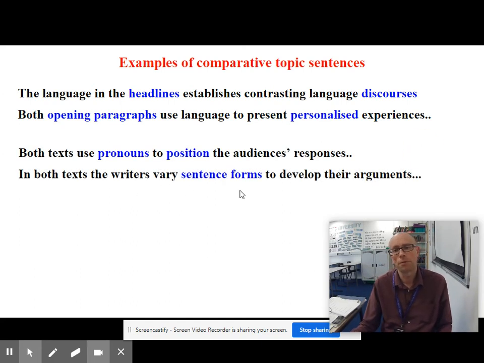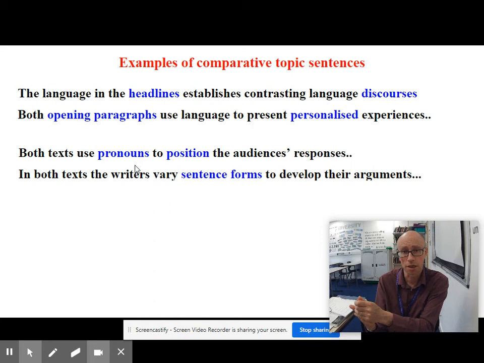Here we've got a couple of topic sentences which are about grammar. So both texts use pronouns to position the audience's responses. It's looking at a specific aspect of grammar here, on pronouns. What I recommend that you do in terms of pronouns is look at three different types. So you've got your first person singular pronouns, like I, me, and my, which is often about personalized anecdotal experiences.